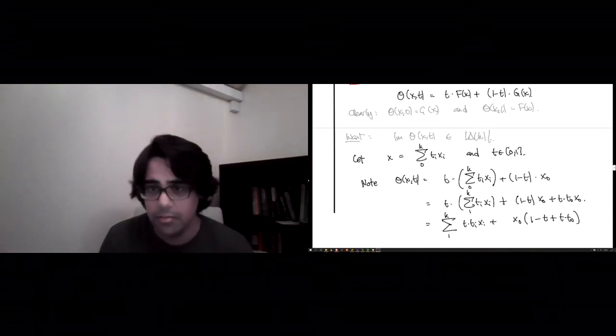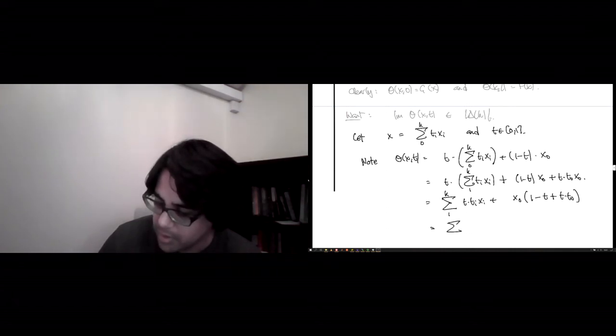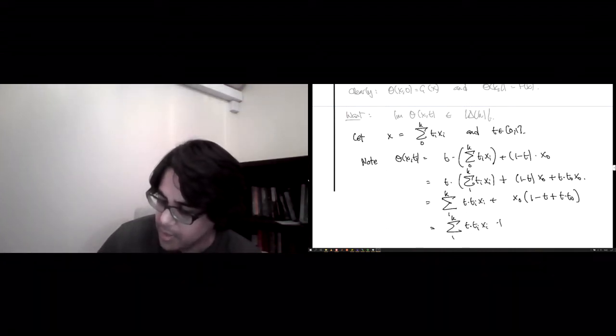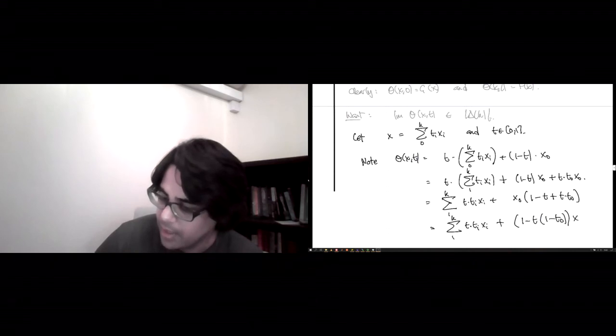That's the linear combination we get. And if you simplify it a little bit more, just a bit, not too much, you still have t t_i x_i plus (1 minus t), and then the quantity is (1 minus t_0), x_0.